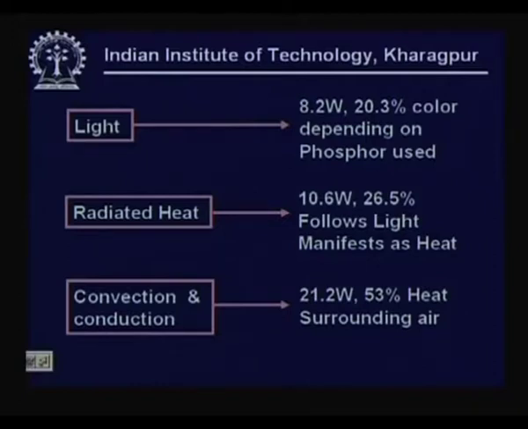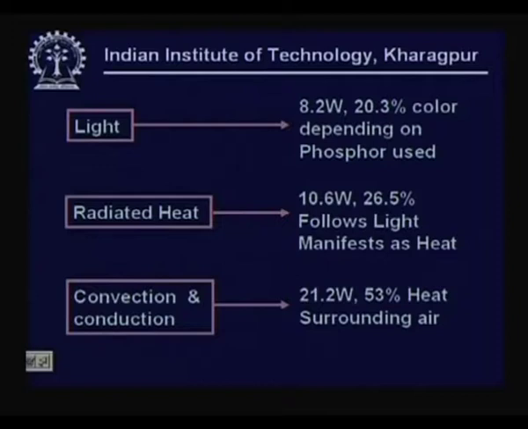So, this is what tells us how we are able to effectively use the energy pumped in. So, this is the distribution. So, what does it say? 20%, close to 20% is what comes out as the useful light output.